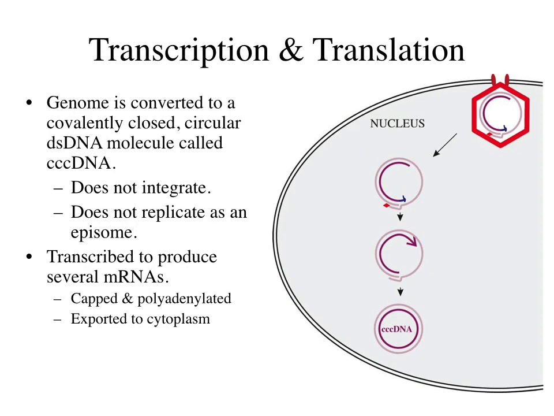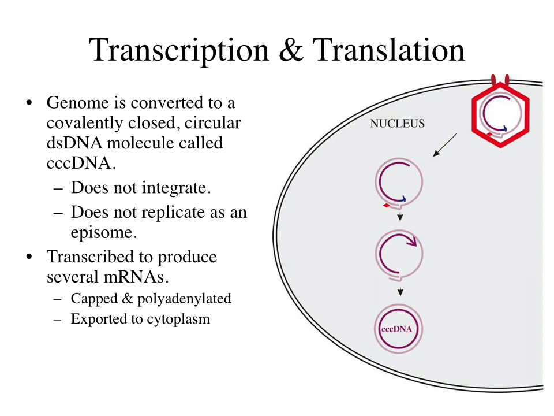Okay, so the virus enters, it's uncoated, the nucleocapsid is released into the cytoplasm, then it's transported to the nucleus, and then the genome is released into the nucleus of the host cell.